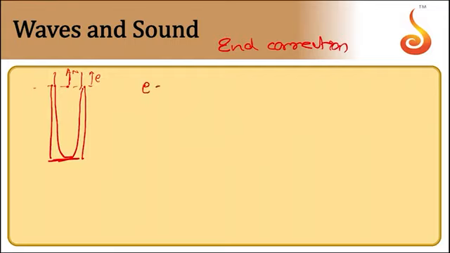This end correction E is given by 0.6 times R, where R is the radius, or we can write as 0.3 times diameter.